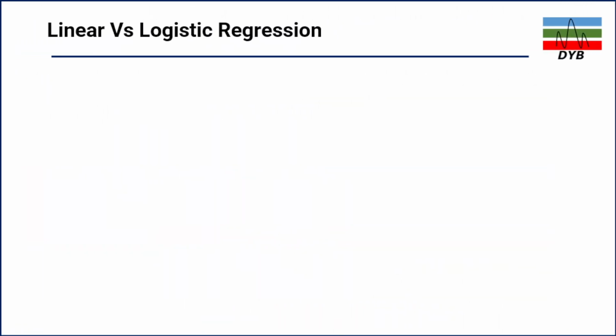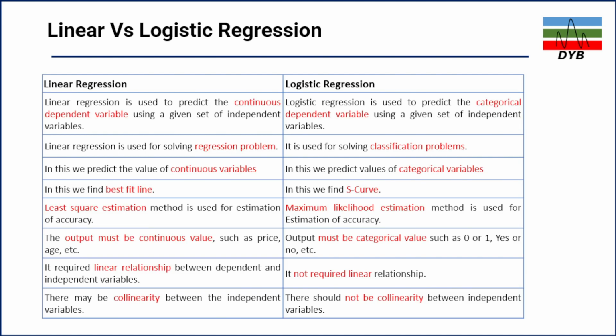Previously we learned about linear regression as well, so let's look at the difference between linear and logistic regression. This is a table which explains the differences between the two. The first difference is that linear regression has a continuous dependent variable, but logistic regression, as we learned just now, has a categorical dependent variable.